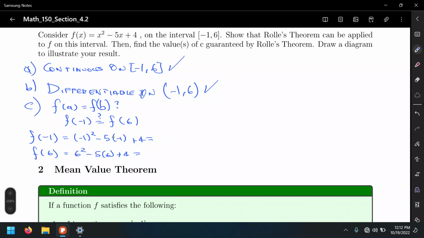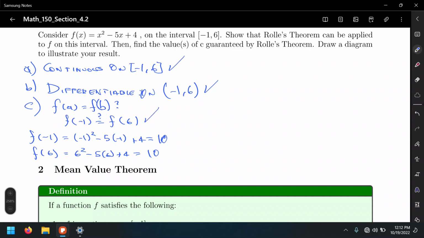Okay, careful: -5 times -1 is +5. 5 plus 1 is 6, plus 4 is 10. All right. 6 squared is 36. 36 minus 5 times 6, which is 30. 36 minus 30 is 6. And then plus 4, it's also 10. Well, so in this case, this is true.